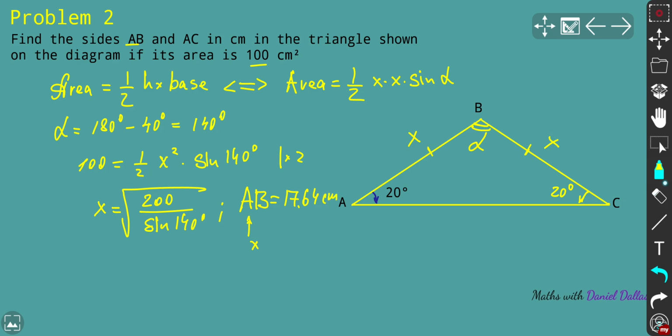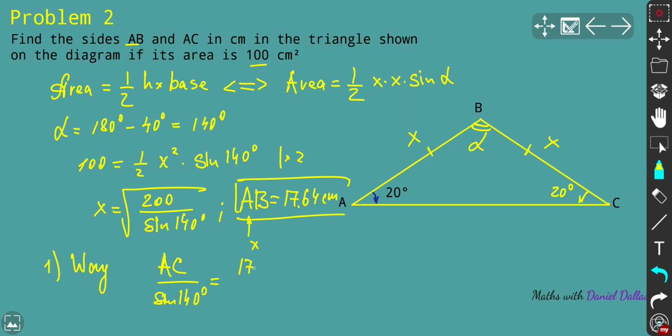So we've got the length for AB, and now we need to calculate AC. There are plenty of ways we can do this. I'll show you several ways. Way 1, we can use the sine rule. In triangle ABC, AC over sine 140 is the same as AB, which we recently found is 17.64, over sine 20.